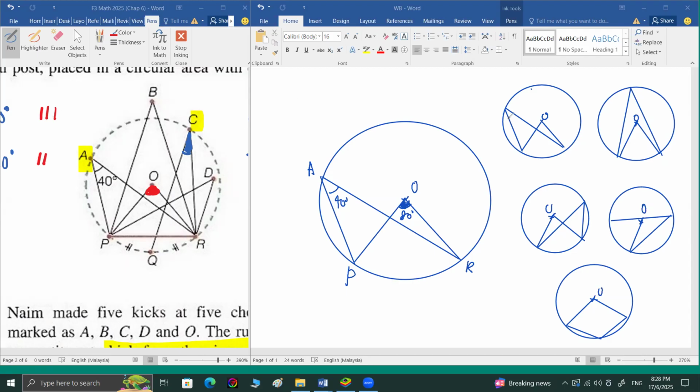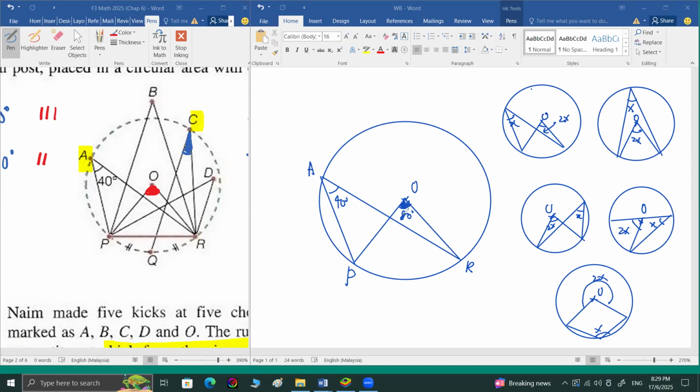So, this is X. Center here, 2X. Here, 2X. Here, X. 2X here. X here, 2X. And this one a bit special. X here, 2X, remember?